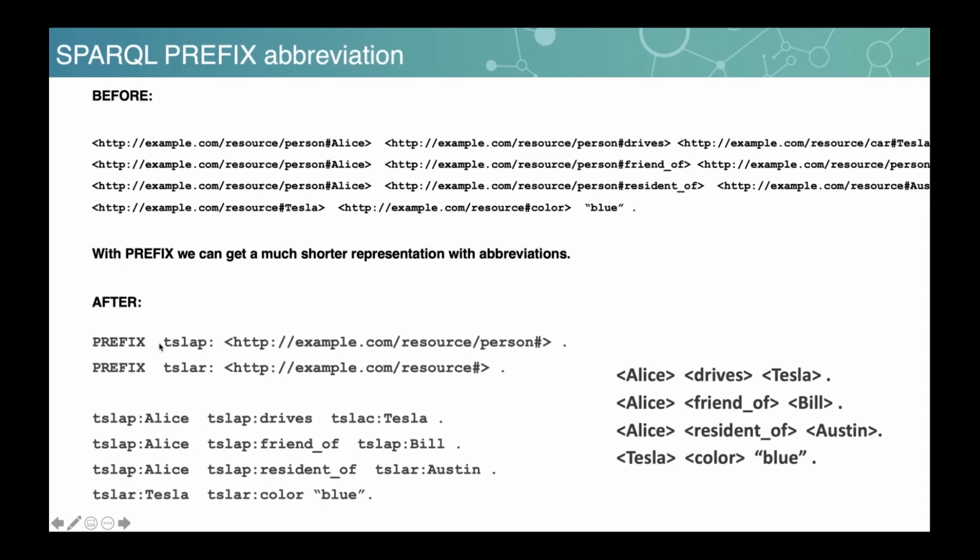So TSLAP stands for resource person. TSLAR stands for resource. And so now I can prepend that to each one of those things and it will replace that. So now I have TSLAP Alice, TSLAP drives, TSLAC Tesla. So now I have a prefix appended to each one of my things.